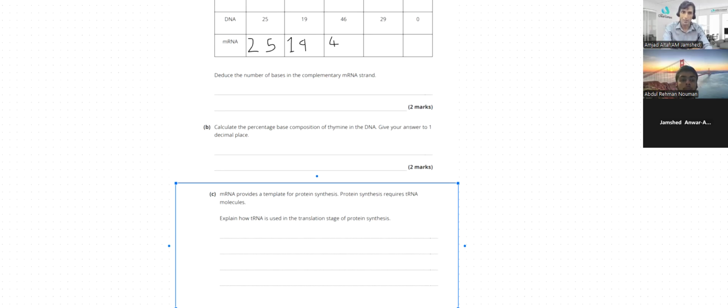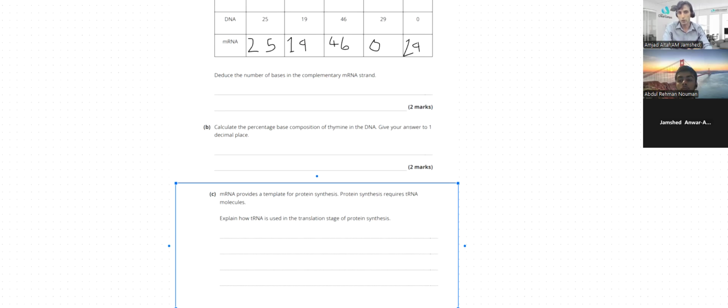Like in DNA, if you have A, in messenger RNA you would have U. In DNA you have thymine, so in messenger RNA you would have adenine. If DNA has cytosine, then guanine. This is how you can go with it.